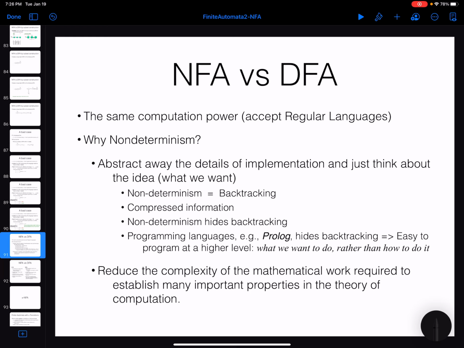So the NFA is going to be a kind of tool for you. When we are talking about languages in terms of computational theory, most of the time the question that we have to answer is, is this language regular or not?